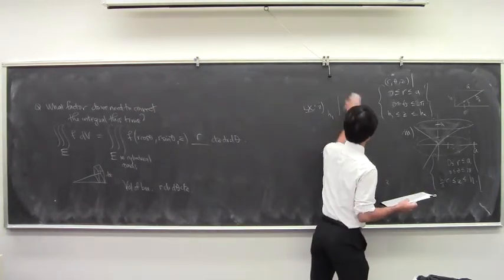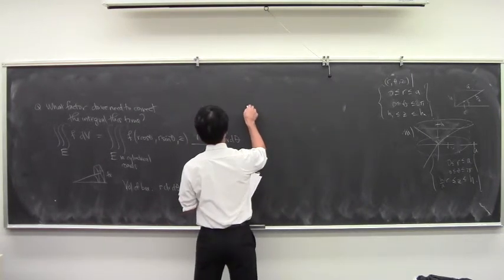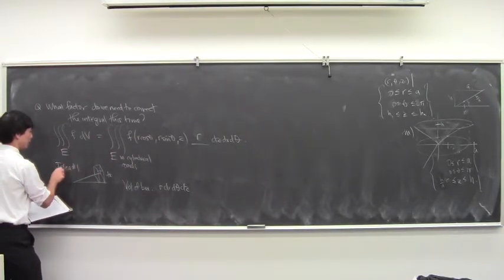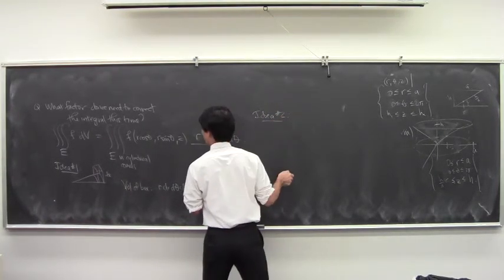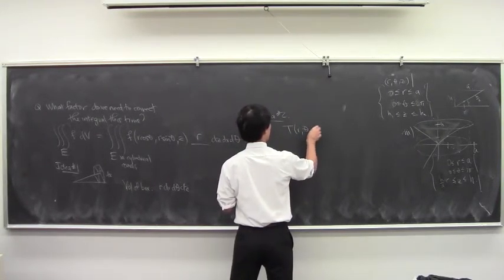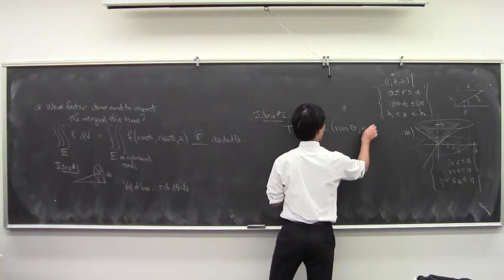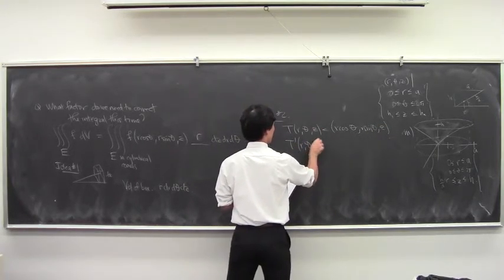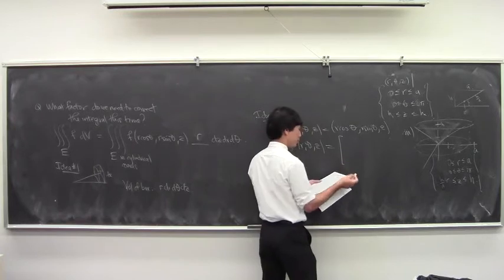Another way of thinking about it is to use the determinant. We have this map taking r, theta, z to r cosine theta, r sine theta, z. And the derivative is going to be a 3×3 matrix.